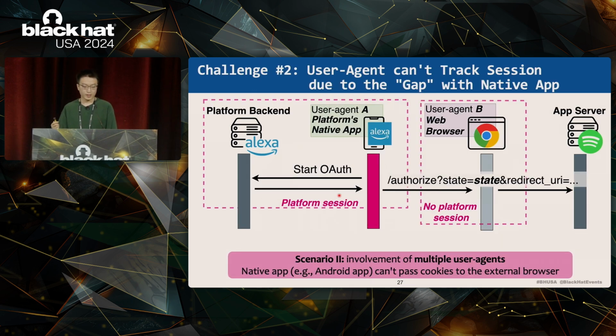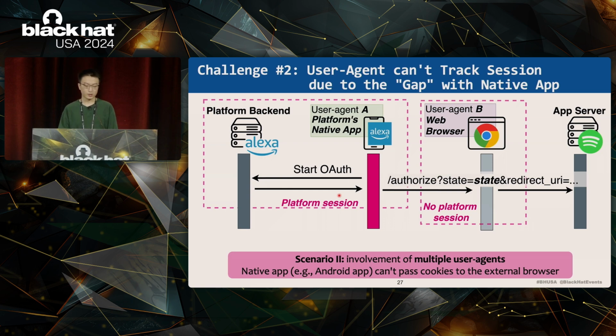Another scenario which brings a challenge for session tracking is when a native app is involved. Imagine that you are using the Alexa mobile app, and you initiate the account linking inside the mobile app, and it needs to pop up the external browser to request authorization from some app's website.